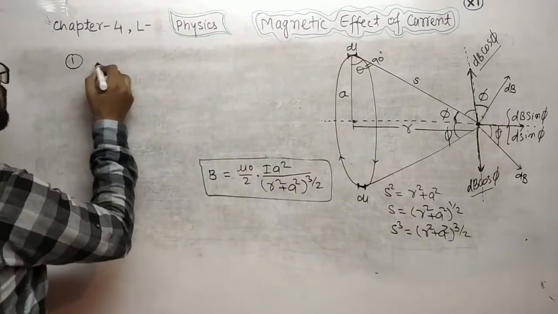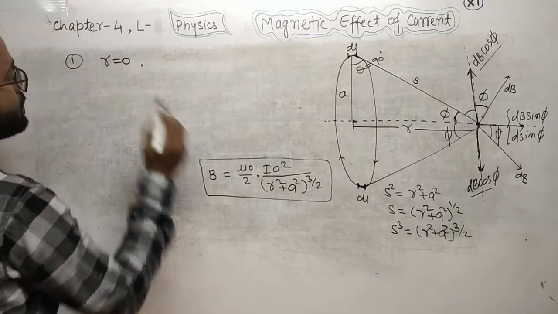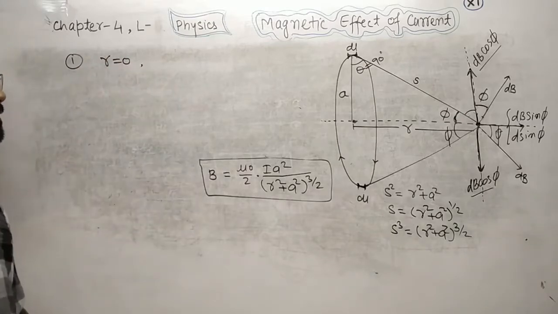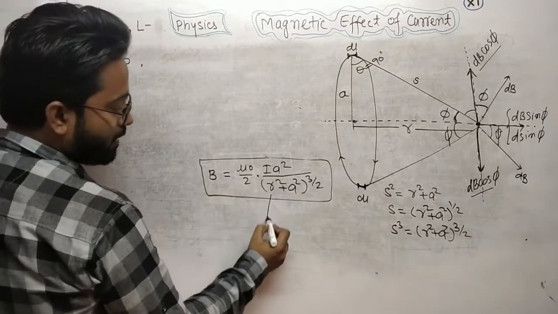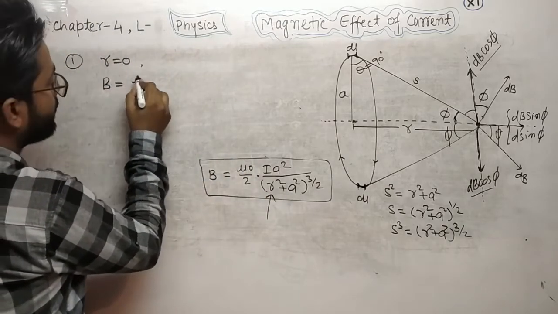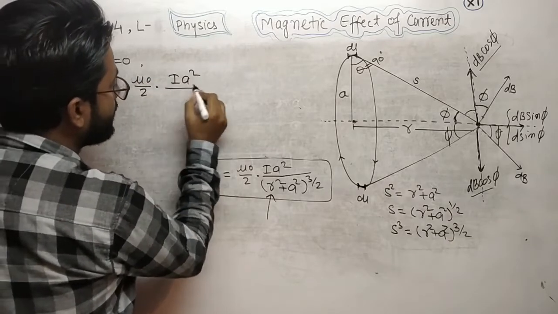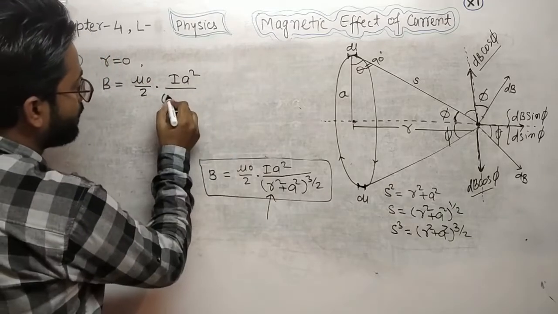Special case 1, if r is equal to 0, put the value of r here, r equals 0. The magnetic field will be mu naught by 2 I a square upon r.